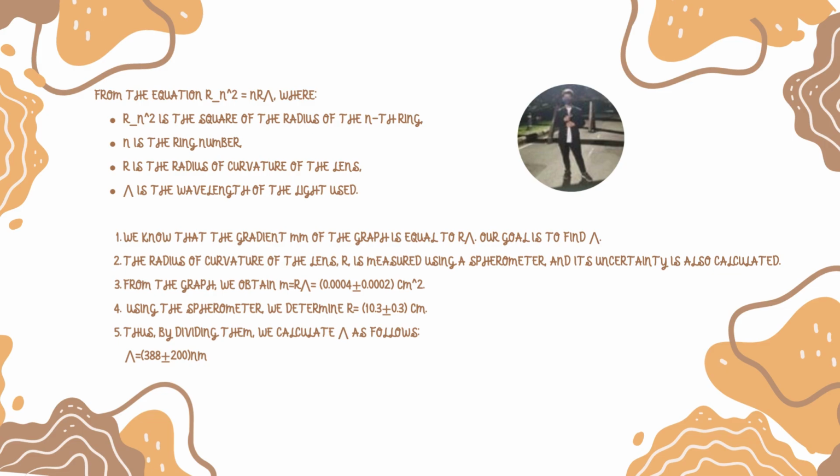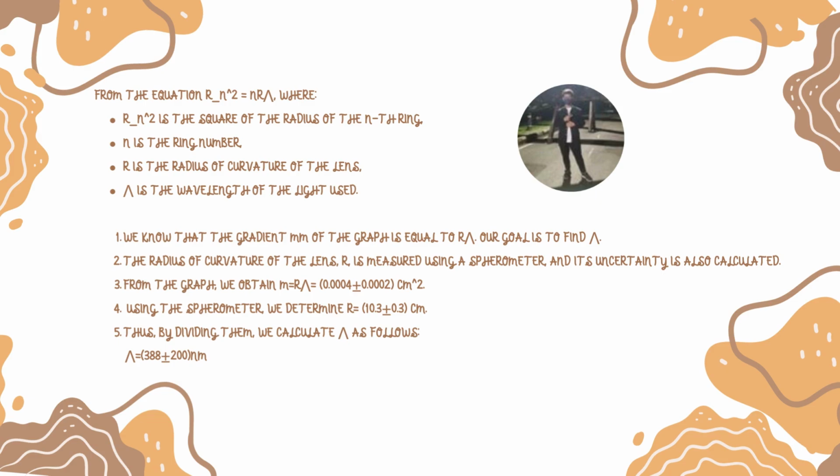We know that the gradient, m, of the graph is equal to R lambda. Our goal is to find lambda. The radius of curvature of the lens, R, is measured using a spherometer, and its uncertainty is also calculated.